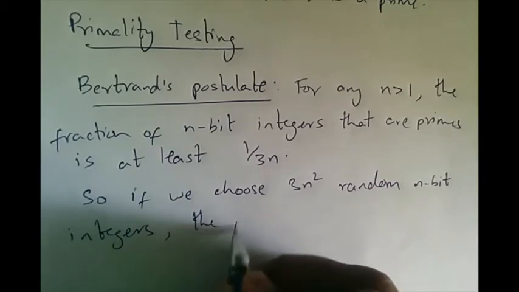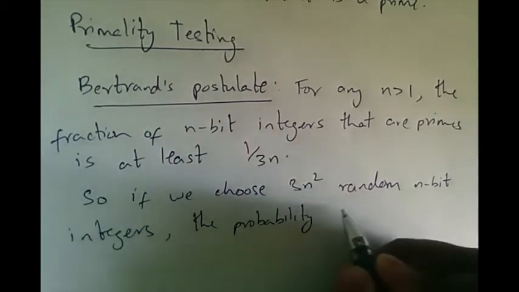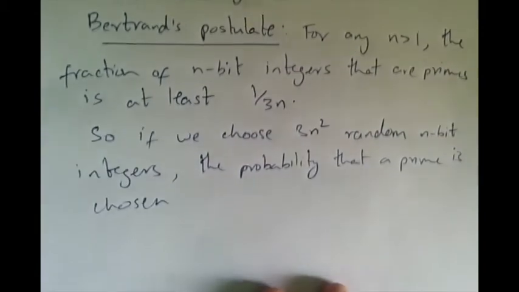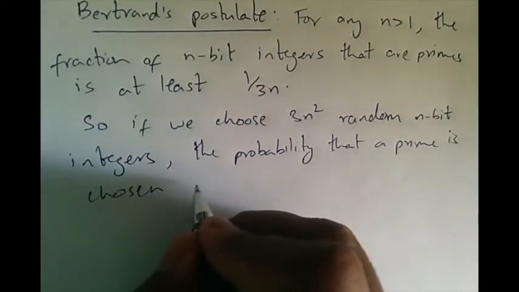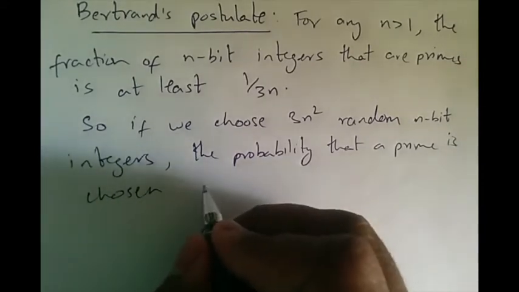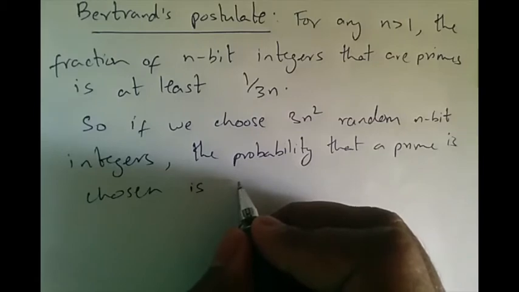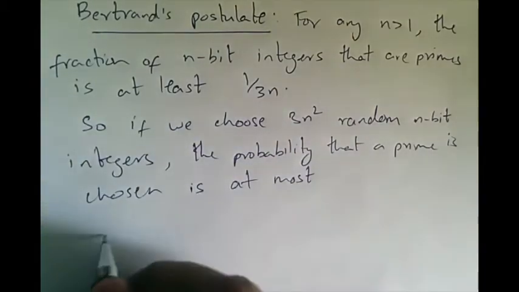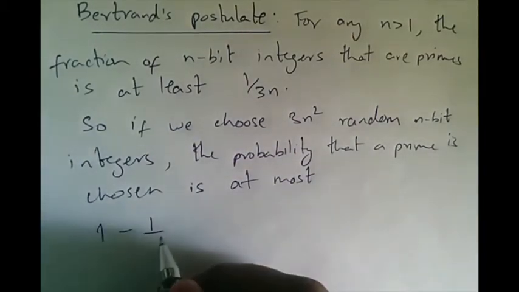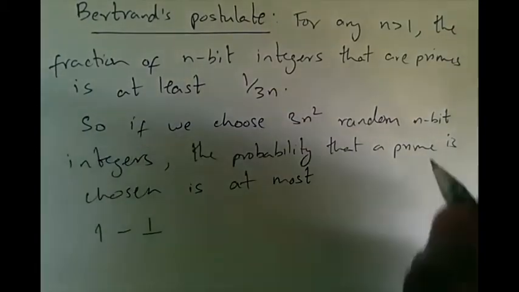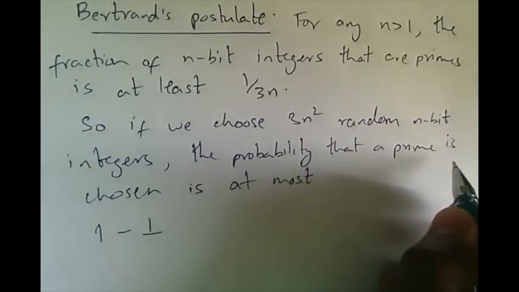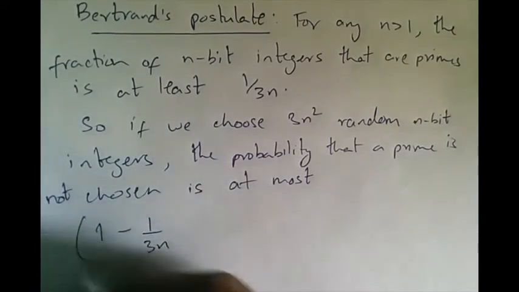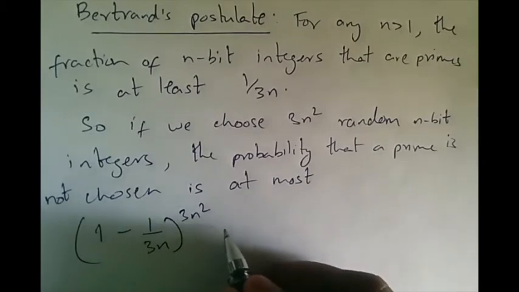The probability that a prime is not chosen is at most (1 minus 1 by 3n) raised to 3n square. So this is the probability.